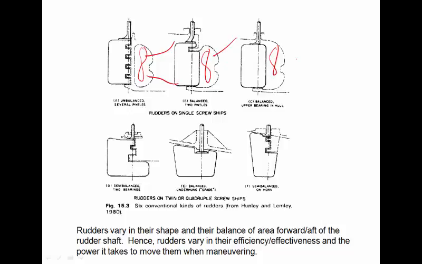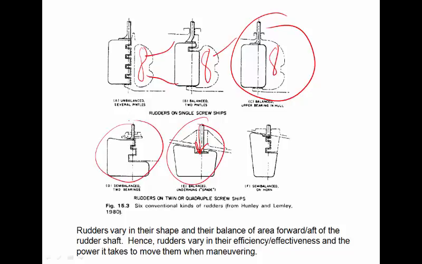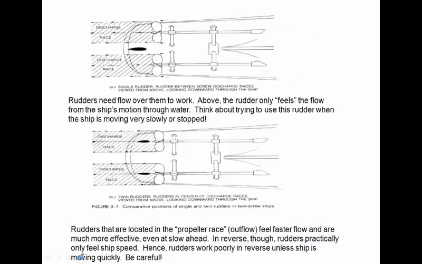So we have these other types of rudders which try and limit that, and these are more traditional. So Eagle would have something like this, whereas a typical cutter would have something more along the lines of these here, where it's just a shaft that's supporting the rudder and putting it right into the discharge race of the propeller. Rudders need water flow across them to work. So a setup like this, where our rudder is here and the propellers never really discharge anything over the rudders, isn't very effective.